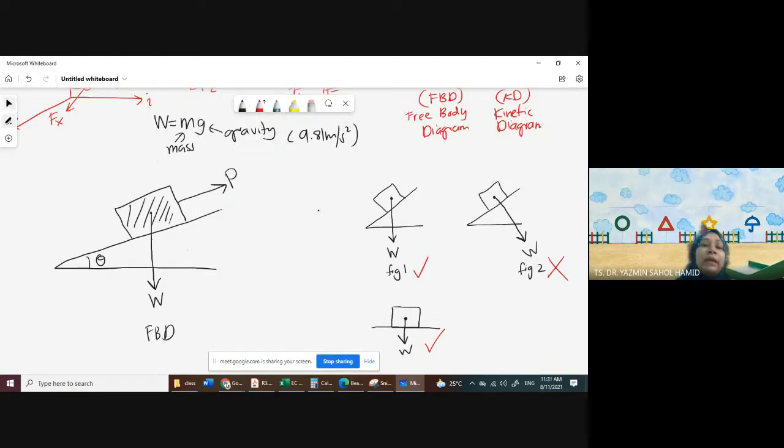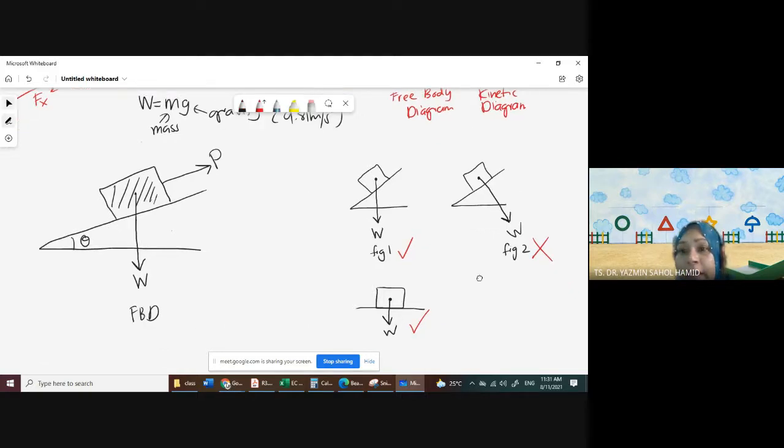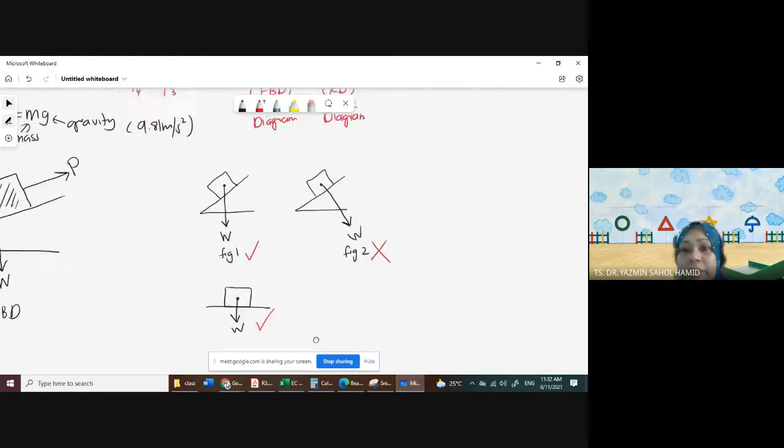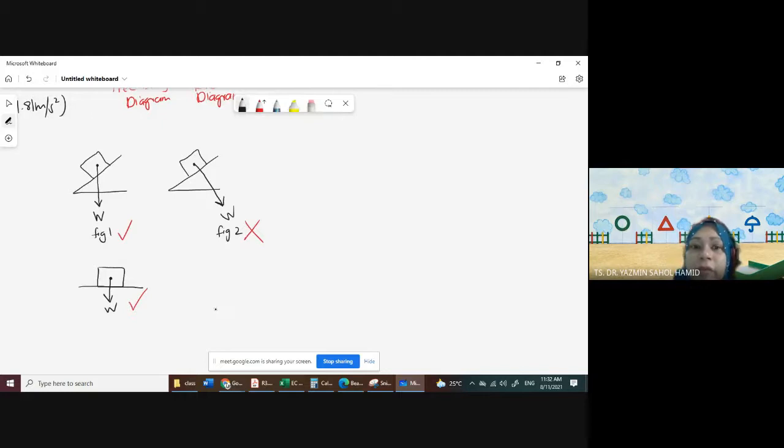Now, you have a weight because this particle is stepping on a platform, a surface like this. To counterbalance it, you have to have a normal force. Which is the direction of the normal force?